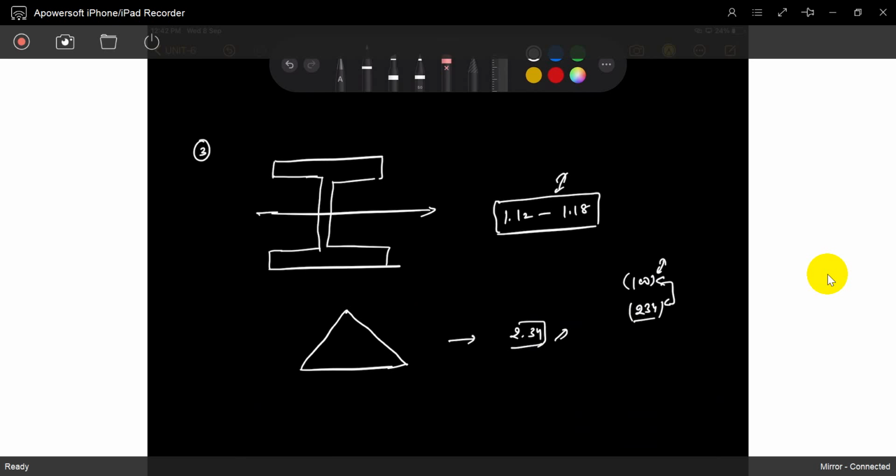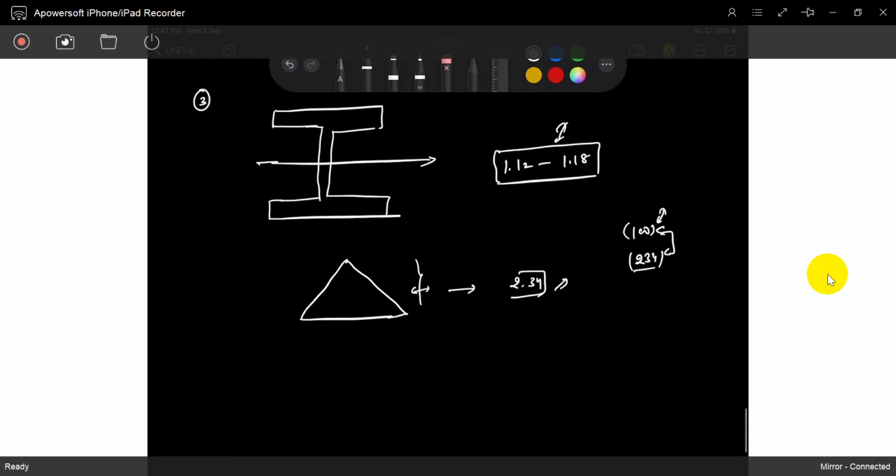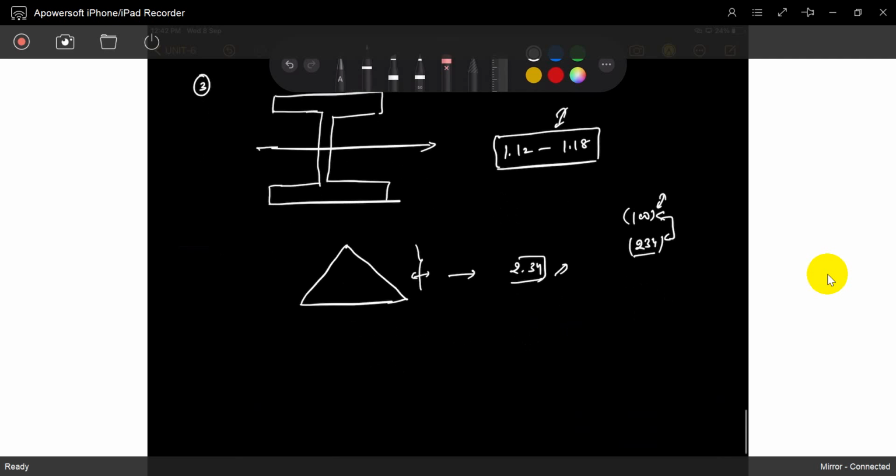So that is the idea. For a triangular section it is 2.34. Take one triangle section and do the analysis, find the value. If you see a rhombus section, it reaches 200 where elastic is 100.